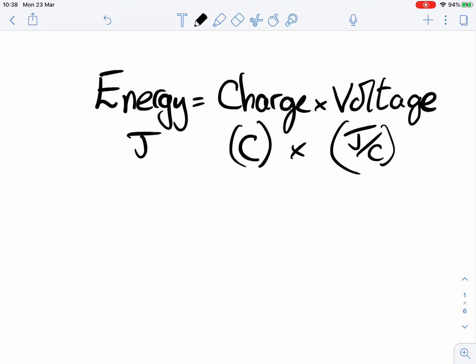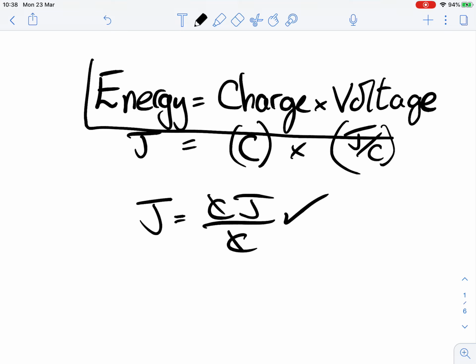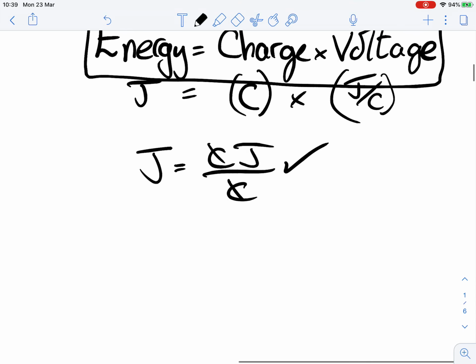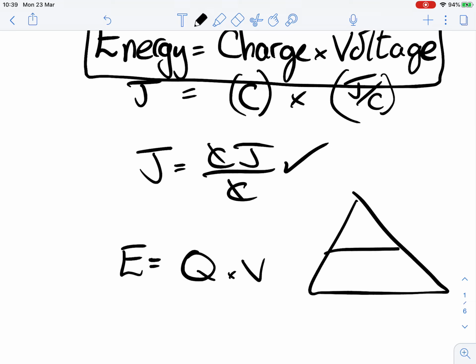And it works still. If we write it all out in terms of its base units, we see we get that. And so there's an extra equation. In terms of algebra, it's written as E is equal to Q times V, and it goes nicely in a little triangle, E, Q, V.